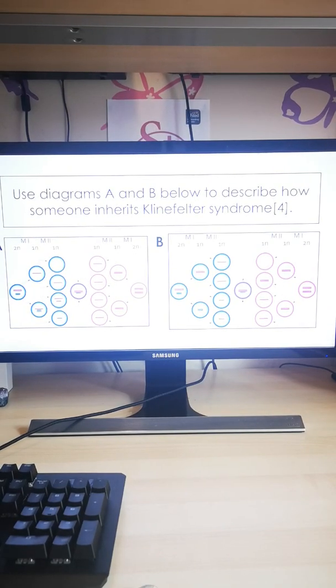There are two diagrams to illustrate how someone might inherit Klinefelter syndrome, so this additional X chromosome. In the pictures, if we talk you through A, in the first division something's gone wrong, and then the second division.